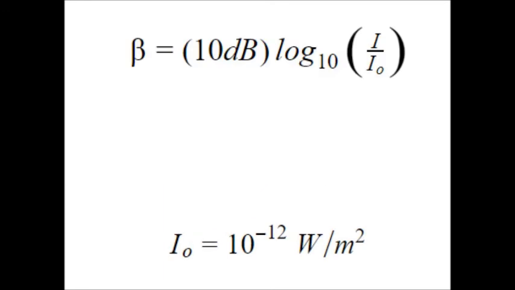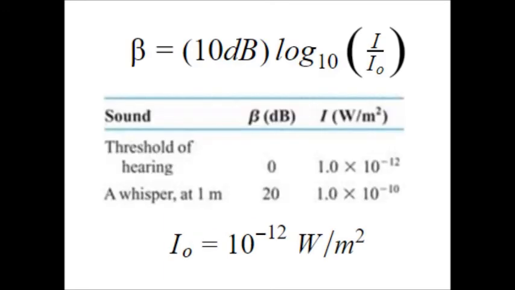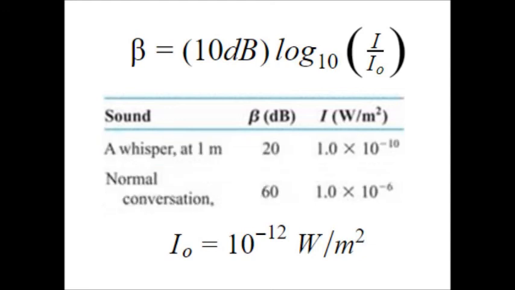And what does that mean? Well, one thing that means is that 0 decibels does not mean 0 energy or 0 intensity. It also means that increasing the decibel level by 20 means you have 100 times the energy. Increasing the decibel level by 40 means 10,000 times the energy intensity.